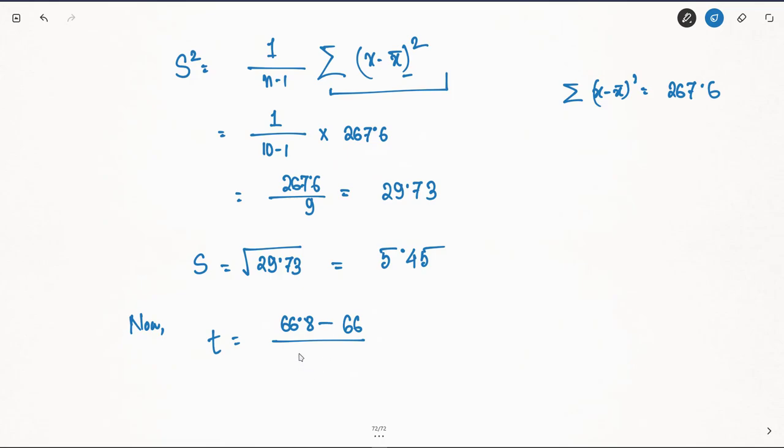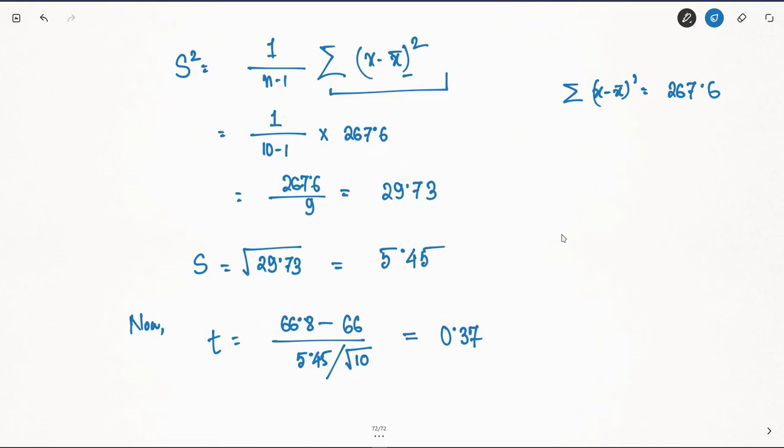What is s? S is 5.45 divided by, what is root n? Root 10. So if you solve this, you will get the value of t, which is equal to 0.37, right? So we got the value of t as 0.37, and this is the calculated value of t.